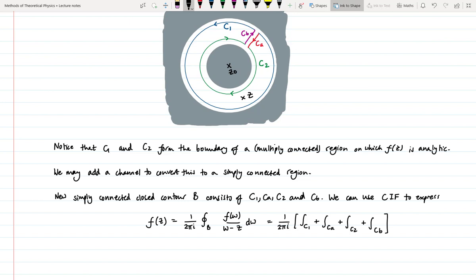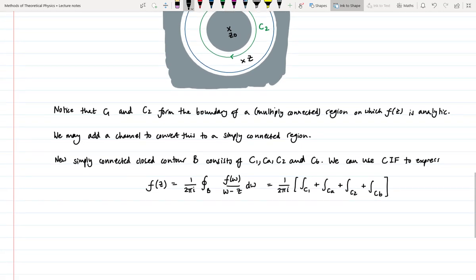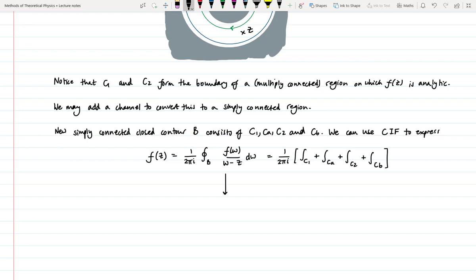Therefore, the channel contributions cancel, and as before, we can consider the ends of the paths C1 tending towards each other, the ends of the path C2 tending towards each other, and so our contours C1 and C2 again become closed. I'll write that here. We take the narrow channel limit.